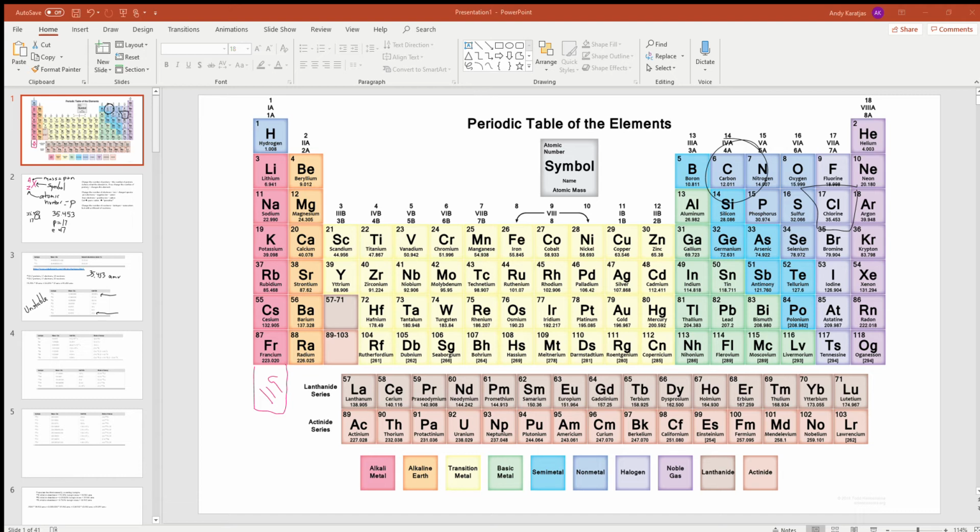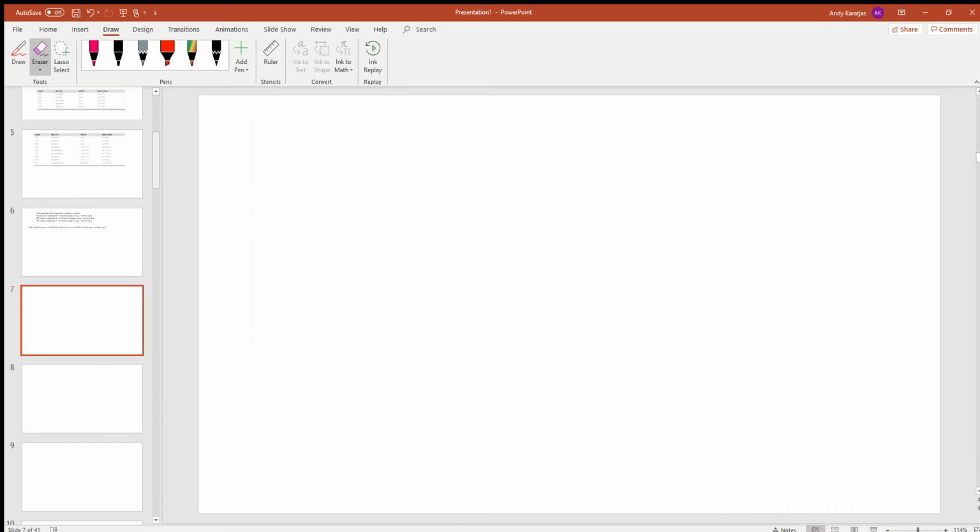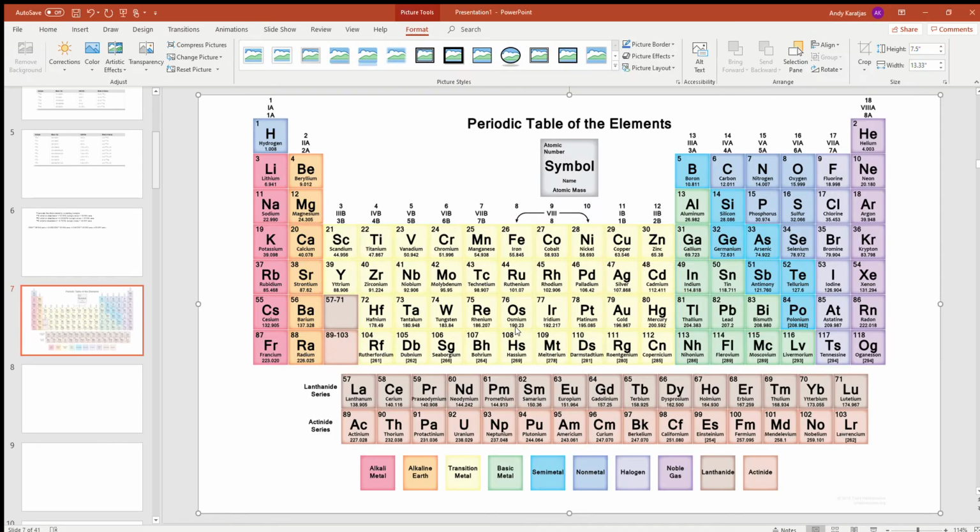So again, as I said, there's 118 elements that we find on the periodic table. And we can see here how they're divided up. And actually, I'm going to jump down to a new slide and just give us a clean copy to work with.